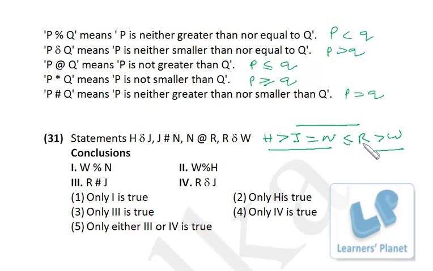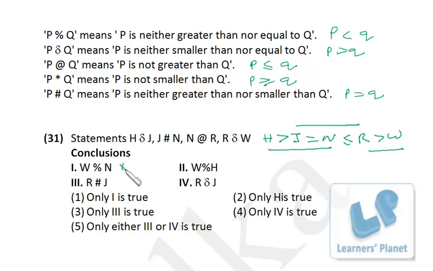Similarly, we cannot establish any relationship between W and H, between W and J, between W and N, right? Because this is the third sequence. So whenever I am having W and N, W is from this sequence and N is from this sequence, so we cannot establish any relationship.